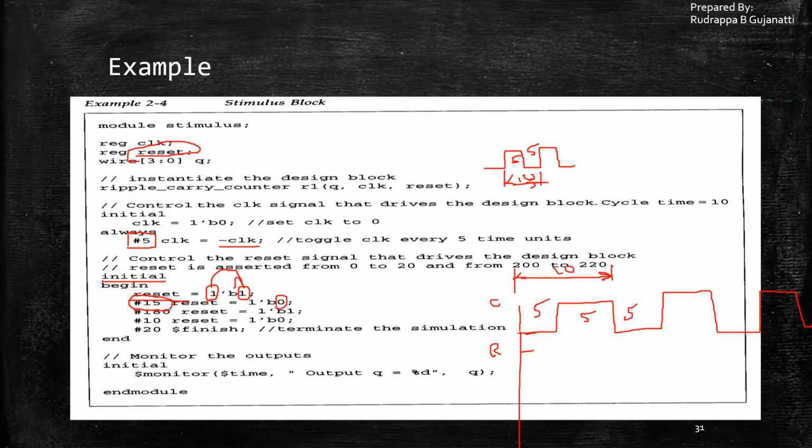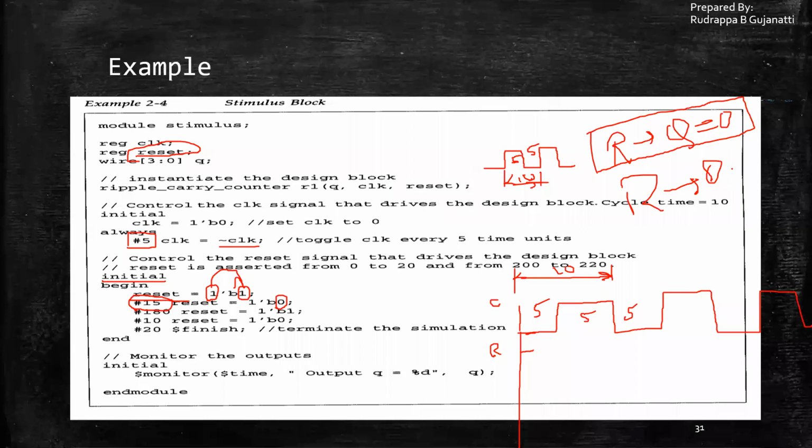Whenever reset is high, Q will be equal to 0. If reset is high, you are resetting Q to 0. If reset goes low, Q's value depends on its previous condition.